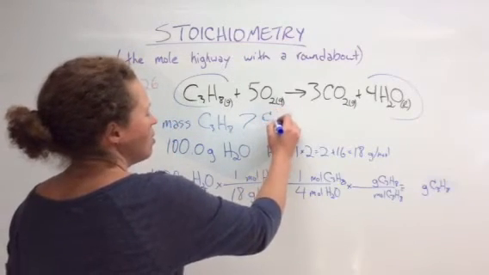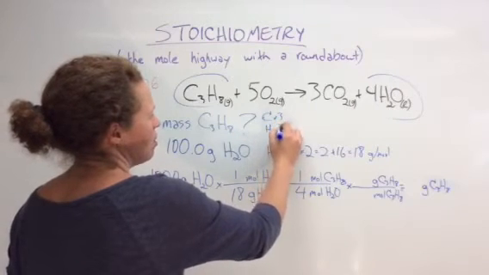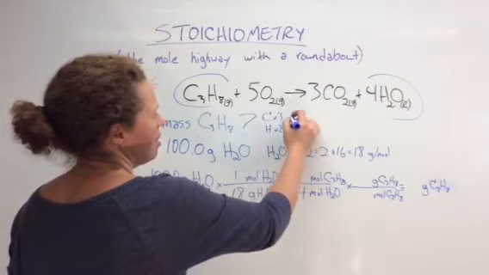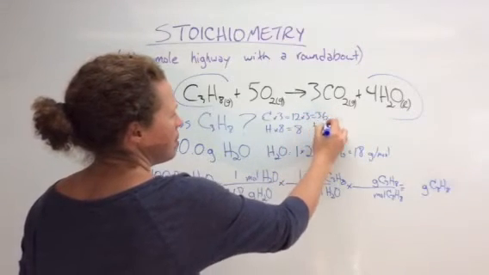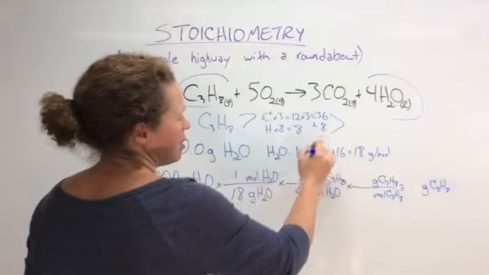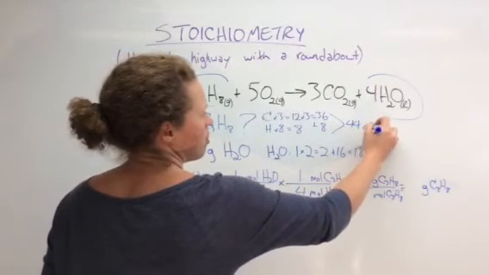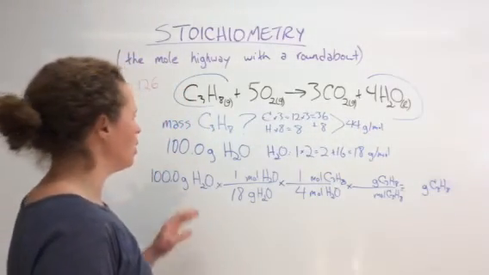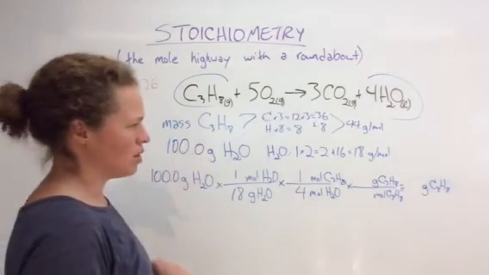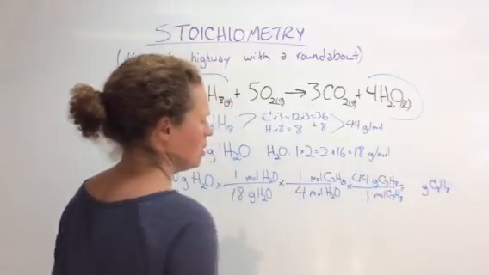I've got 3 C's and 8 H's, so 12 times 3 is 36, plus 8 is going to give me 44 grams per mole of C3H8, which is propane. So 44 grams per 1 mole.